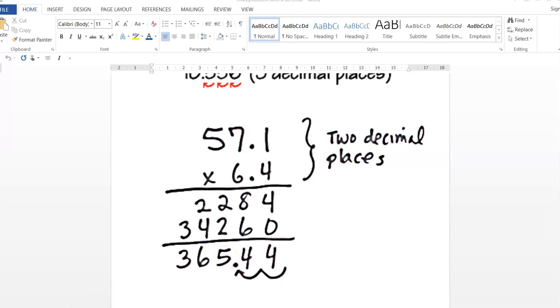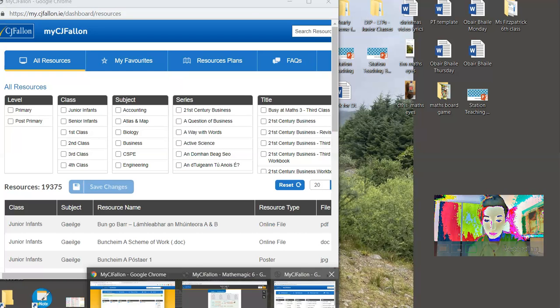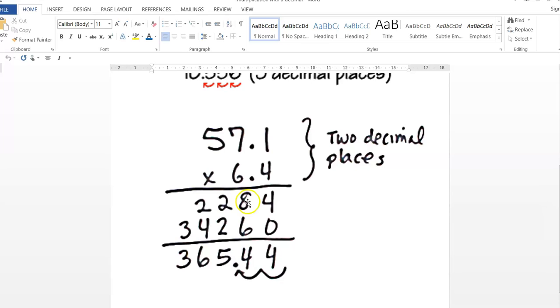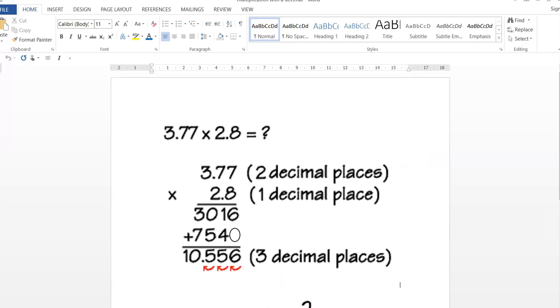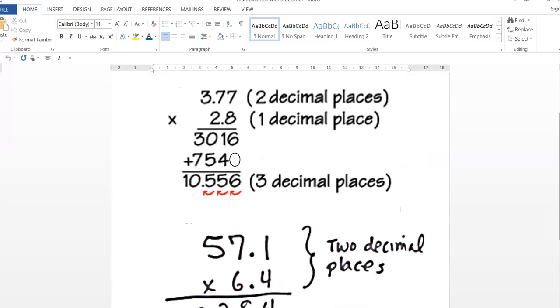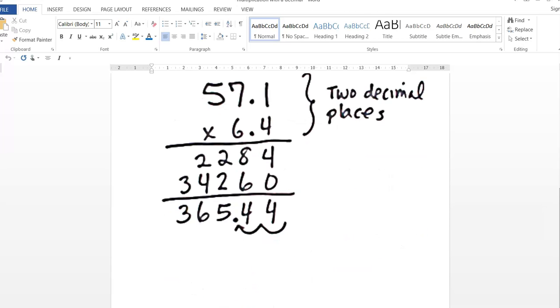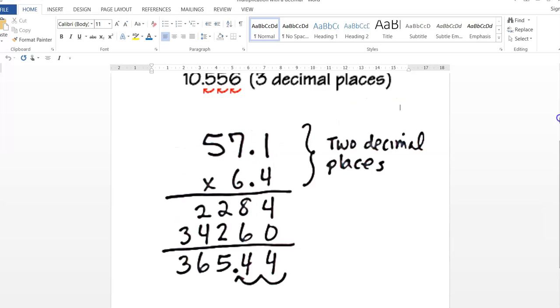So I'll just run through the questions for the week really quickly, just so there's no confusion. So what I'm asking you to do on Monday, task 1, write out how to know where you put your decimal point. Will be basically writing out something similar to this, okay, to this one and to something like that. Pick one of them, just write really briefly how you know where the decimal places or how many decimal places there should be.